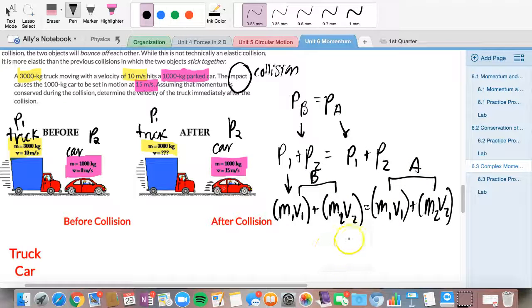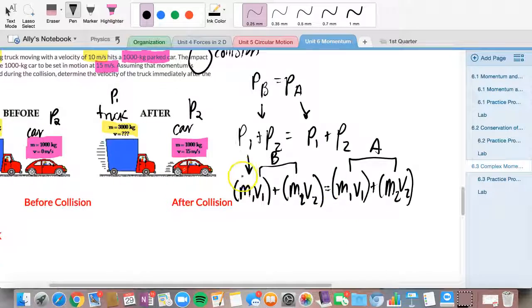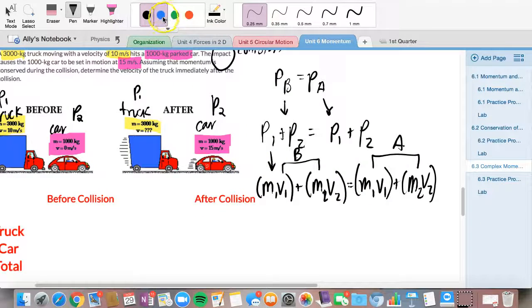So let's plug in all of our numbers. What is the mass before of object 1? Well, it's 3,000. What's the velocity of object 1 before? 10 meters per second. What's the mass of object 2? 1,000. What's the velocity? It's 0.